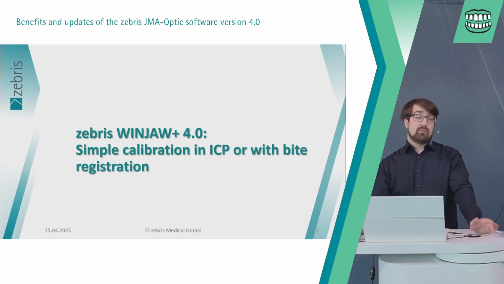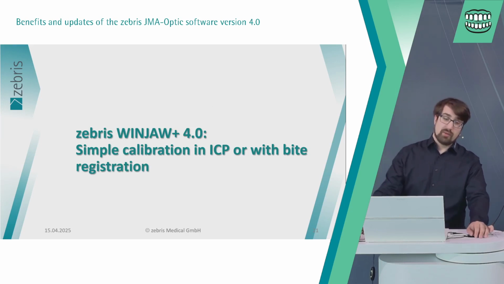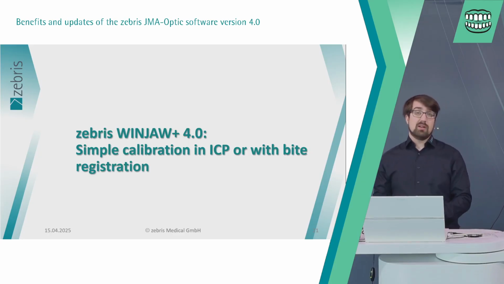We call this principle the simple single calibration and maximum intercuspidation, or bite registration. It simply means that we now have the possibility to measure the maximum intercuspidation one time, and from this step we can start the movement from any position we like.